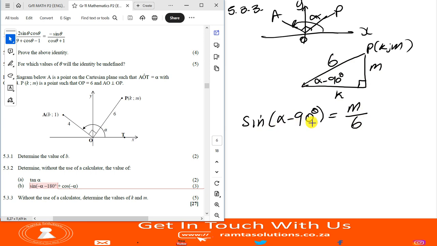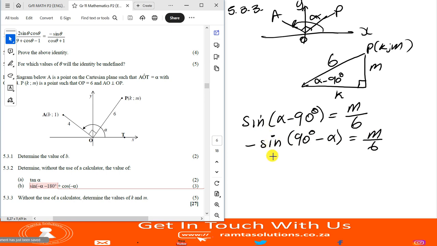We're not used to it like this, so take negative as a common factor. If you take your negative as a common factor, guys, be careful, don't worry. We will be left with negative sine of 90 degrees minus alpha equals M over 6, isn't it?